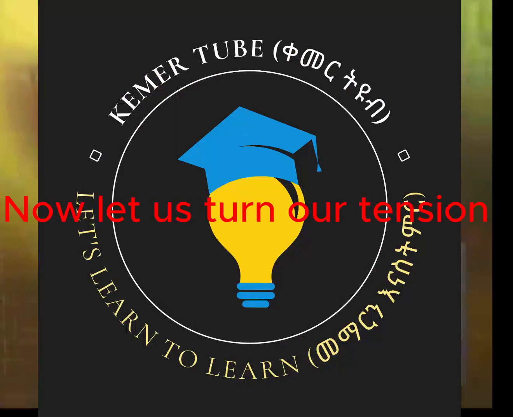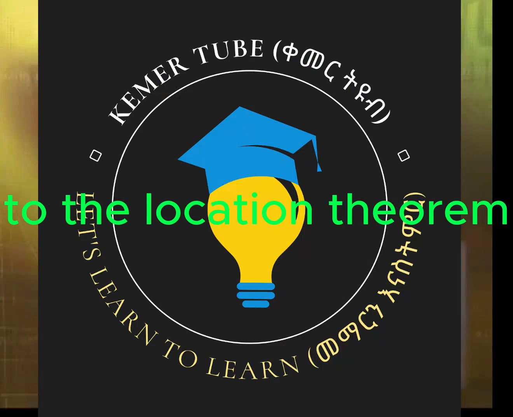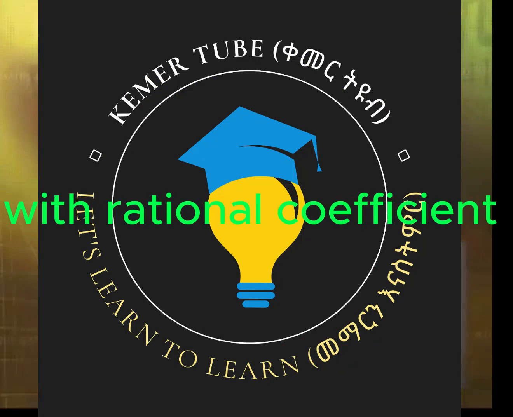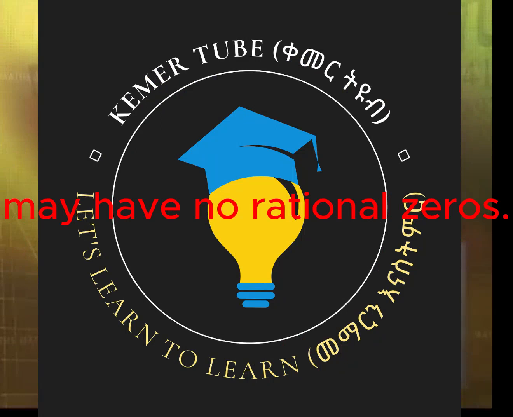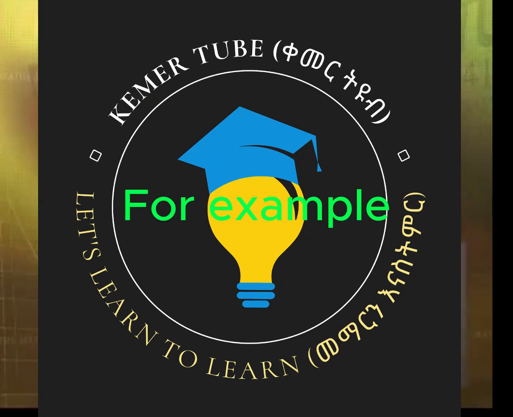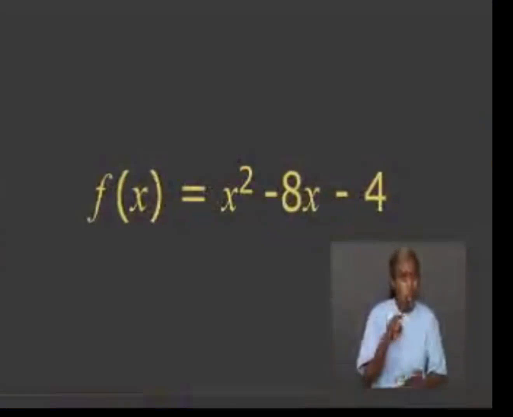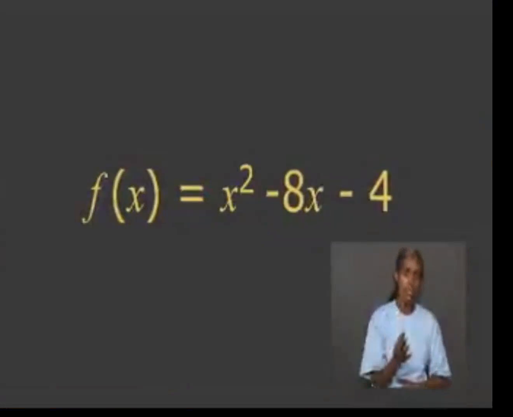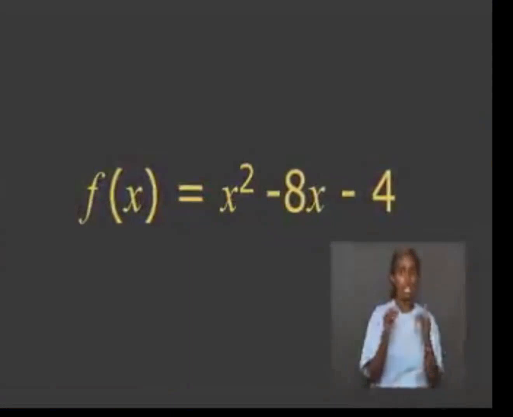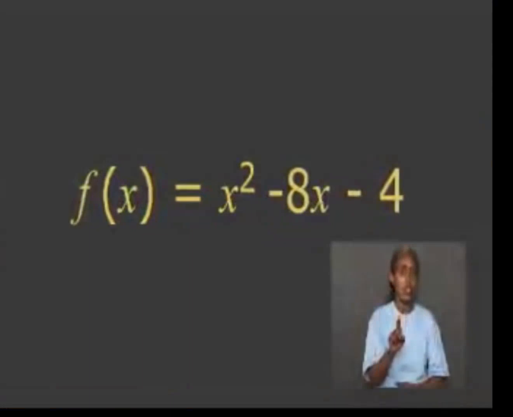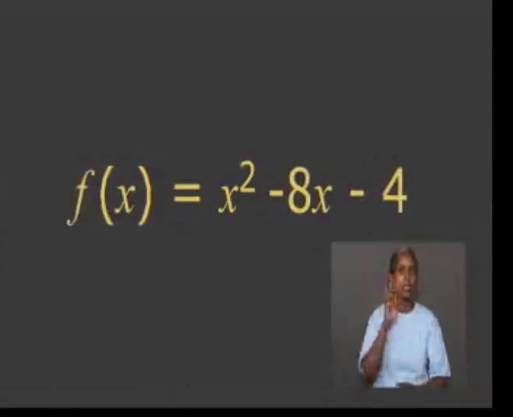Now, let us turn our attention to the location theorem. A polynomial function with rational coefficients may have no rational zeros. For example, the zeros of this polynomial, f of x equals x squared minus 8x minus 4, are all irrational.